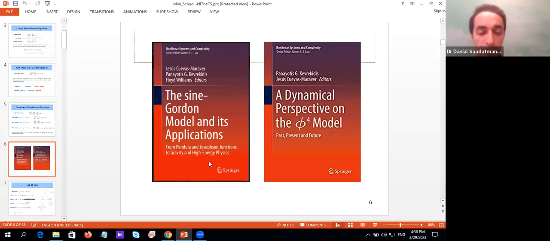There are two famous books on the sine-Gordon and phi-4 models: one on the sine-Gordon model and its applications, and another, the dynamical perspective on the phi-4 model. Our previous speakers wrote one of the chapters of this book, Professor Malomed and Professor Vega, and also Professor Sergey Vladimir Dmitry. If you want more information about the phi-4 and sine-Gordon models, you can refer to these two books.